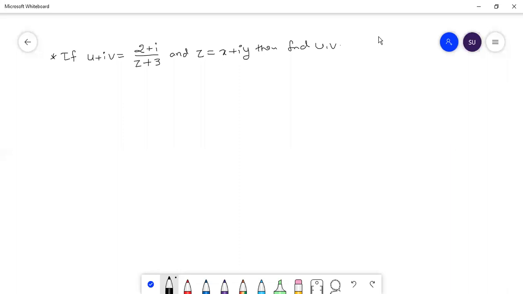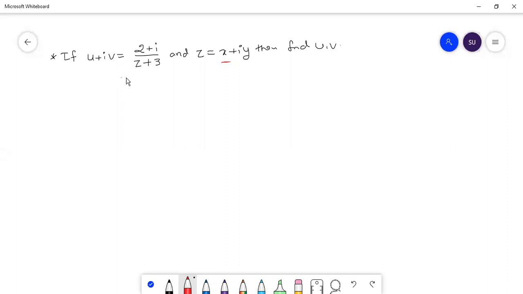Next question. If u plus iv is equal to (2 plus i) by (z plus 3) and z is equal to x plus iy, then find u and v. As they have given z is equal to x plus iy, substitute that value in the problem.